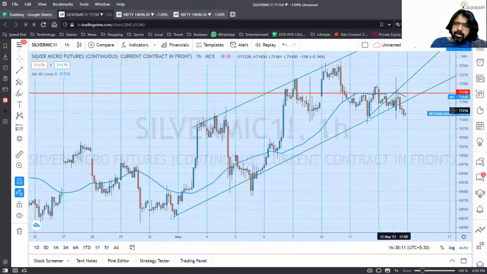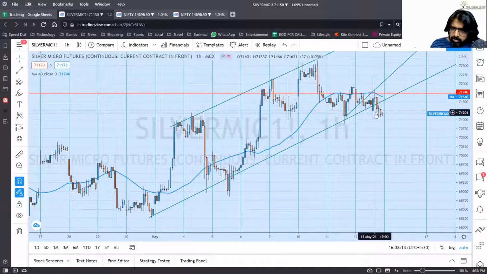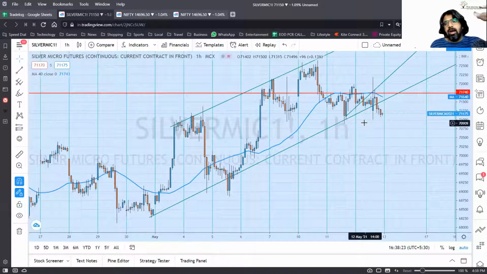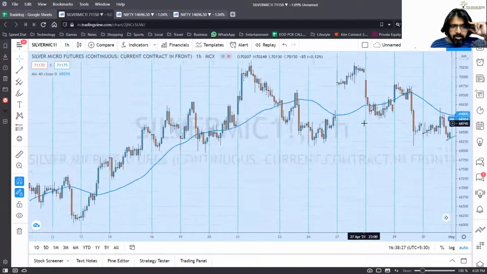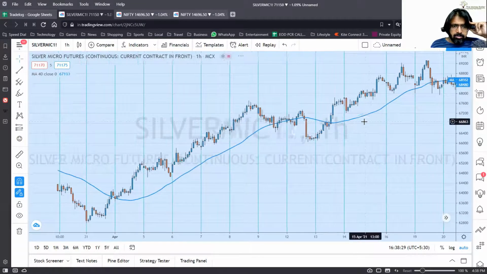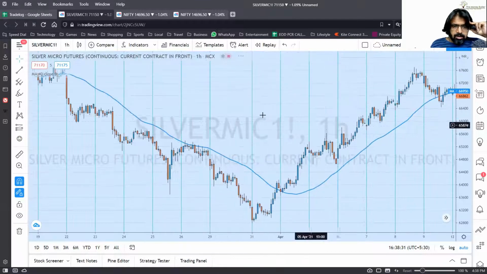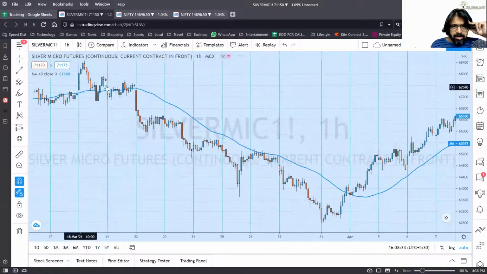But now here you can see that the moving average is turning downwards, and there is a breach of this trend line also. So now you have two clues which are telling you that it's going down for the longer term. This is why I drew the 40.